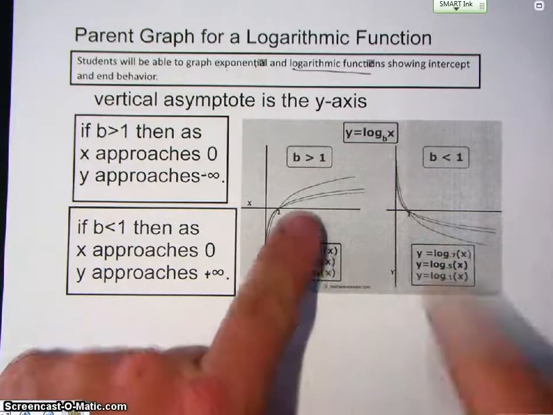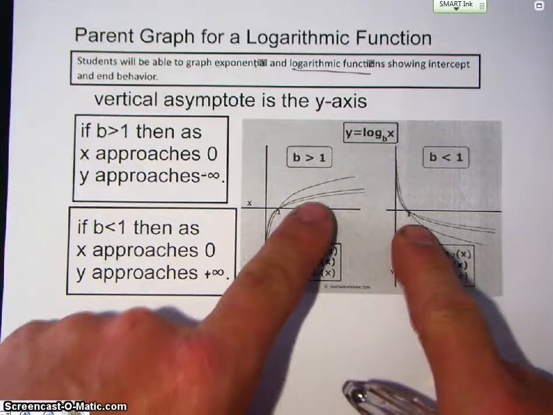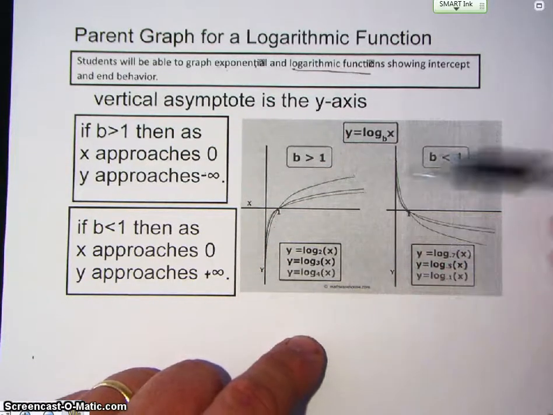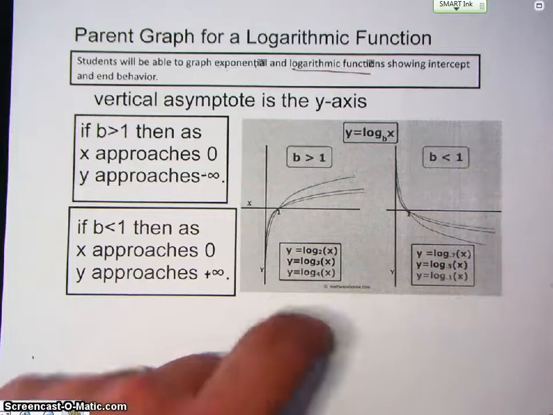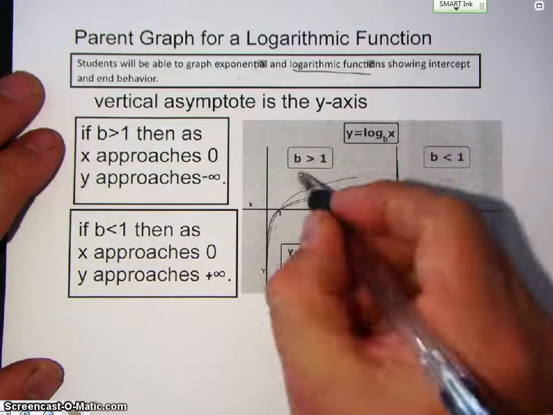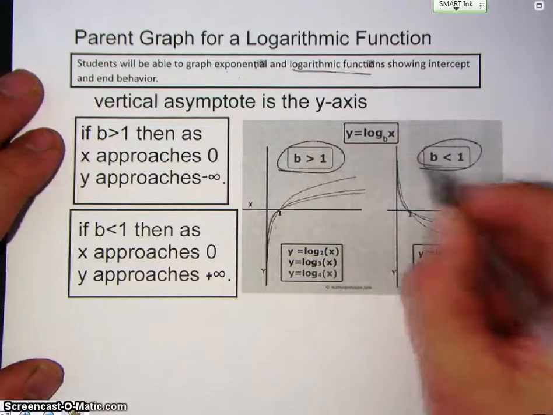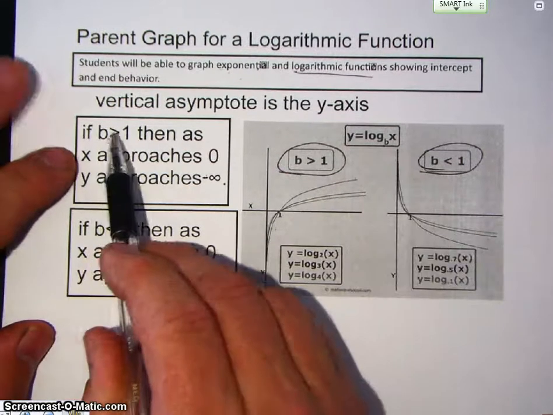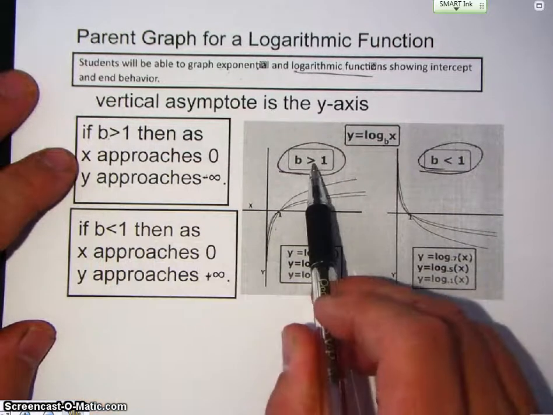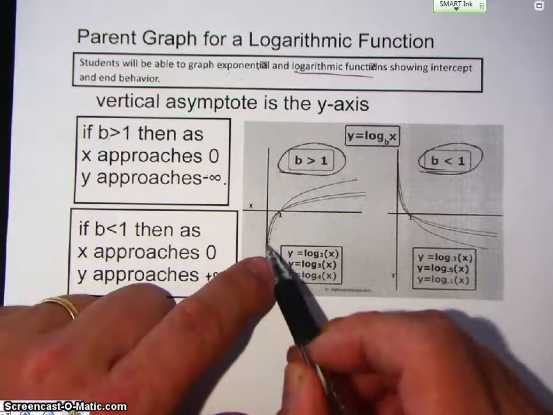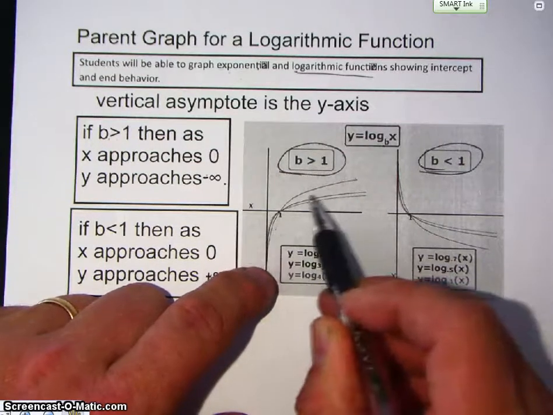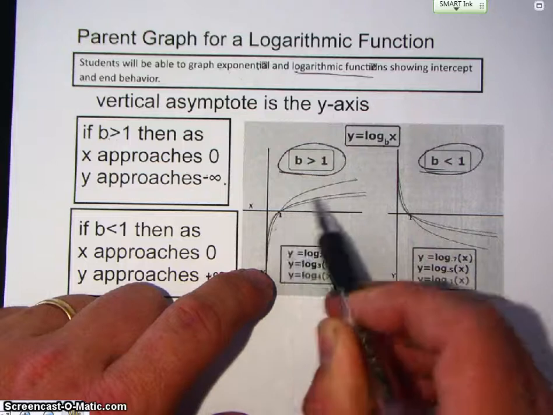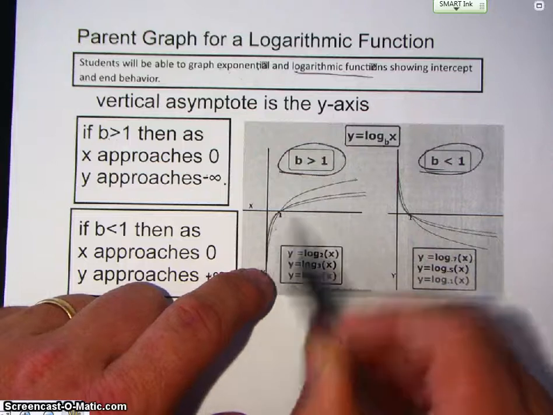Okay, and here are what your logarithmic functions look like. Either they're increasing or they're decreasing. So how do I know which one is which? Again, it all goes back to the b, the base of the log. If the base is greater than 1, like here, that means as I approach 0, as I get closer and closer to 0, I go to negative infinity.